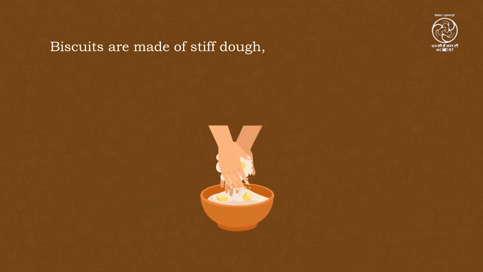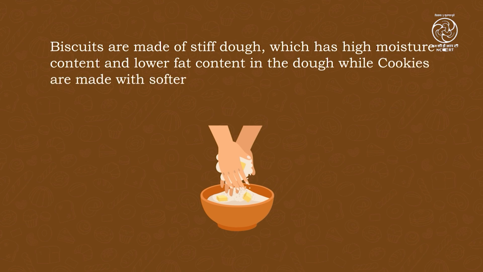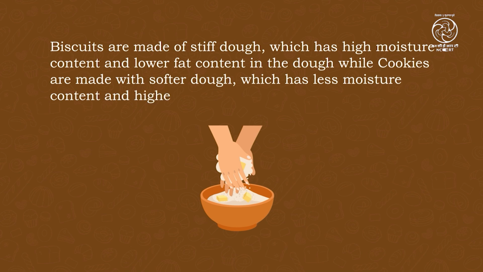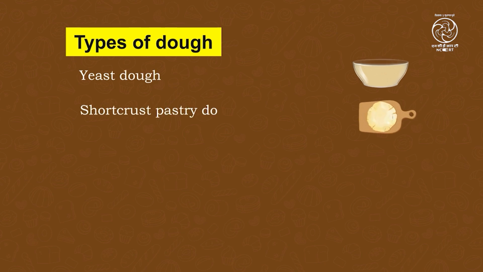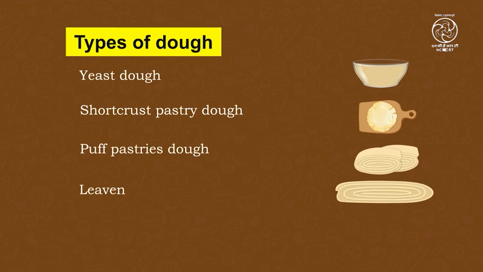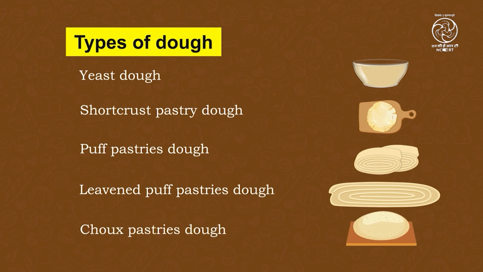Biscuits are made of stiff dough which have high moisture content and lower fat content in the dough, while cookies are made with softer dough which has less moisture content and higher fat content in the dough. Different types of dough are yeast dough, short crust pastry dough, puff pastries dough, leavened puff pastry dough, and choux pastry dough.